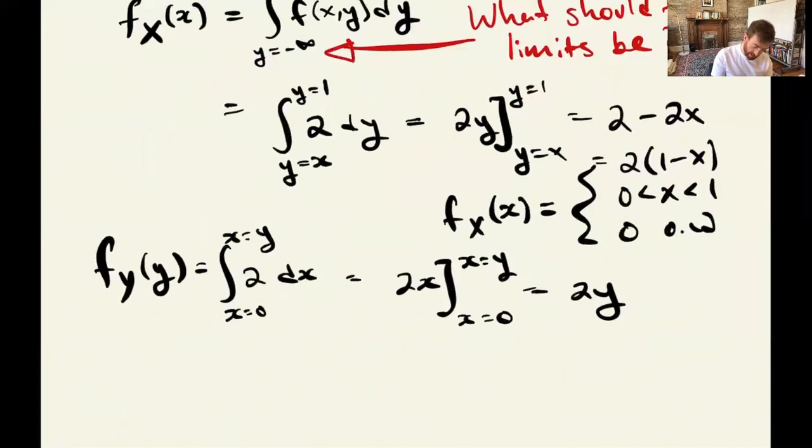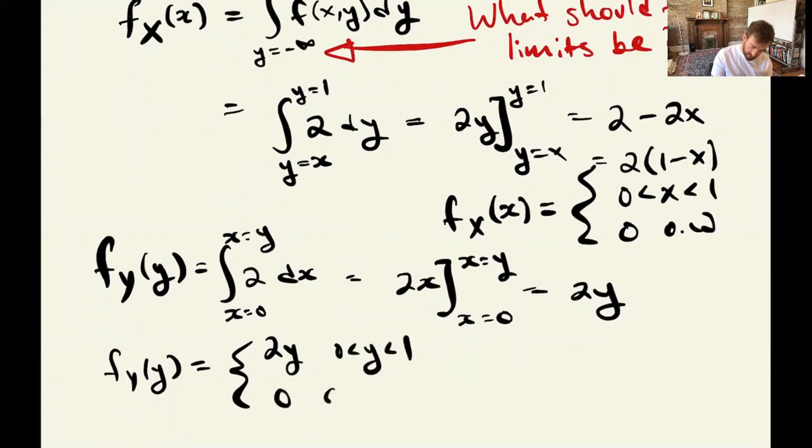So I now have that the PDF for y looks like 2y for y between 0 and 1, and 0 otherwise. And over here, I had 2 times 1 minus x, and 0 otherwise.